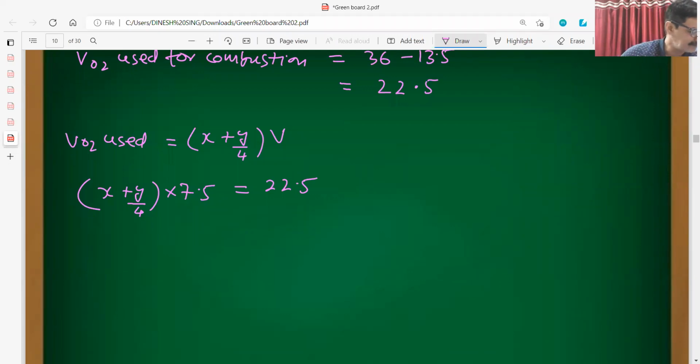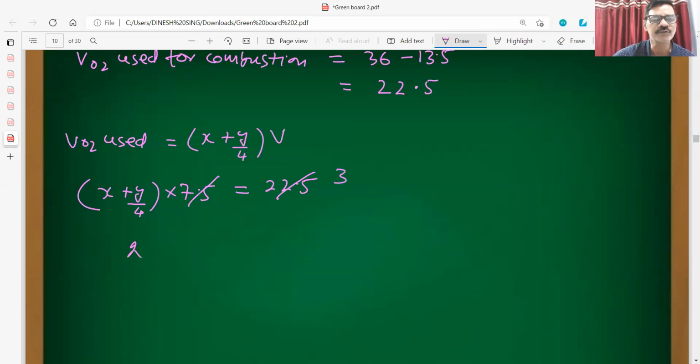So the value of y we are getting from calculation is 4. The x value we can put here, because from this 7.5 will be cancelled 3 times.